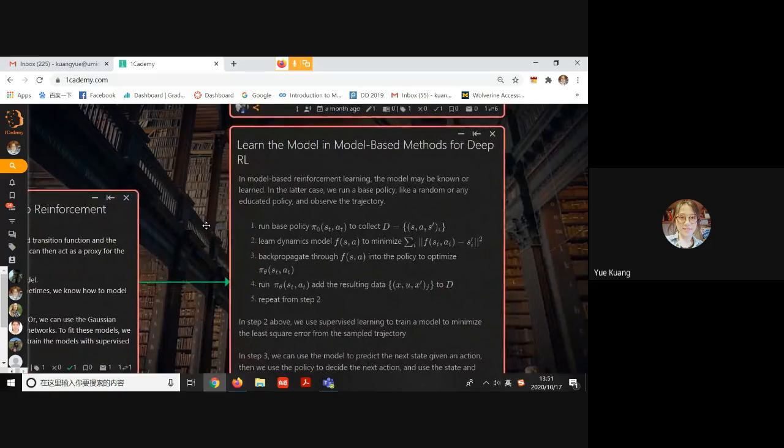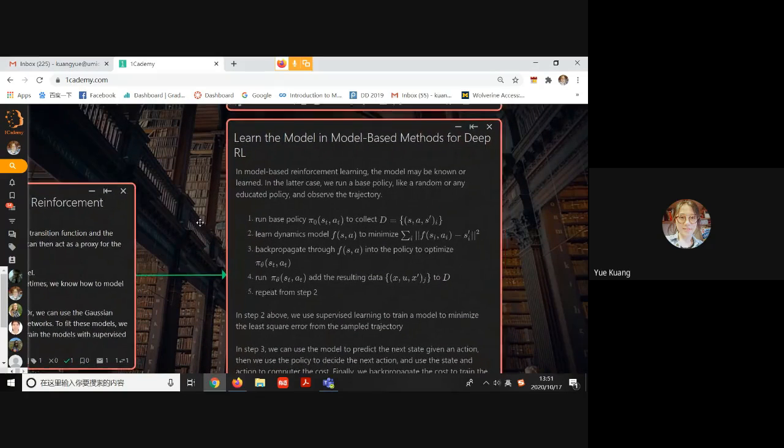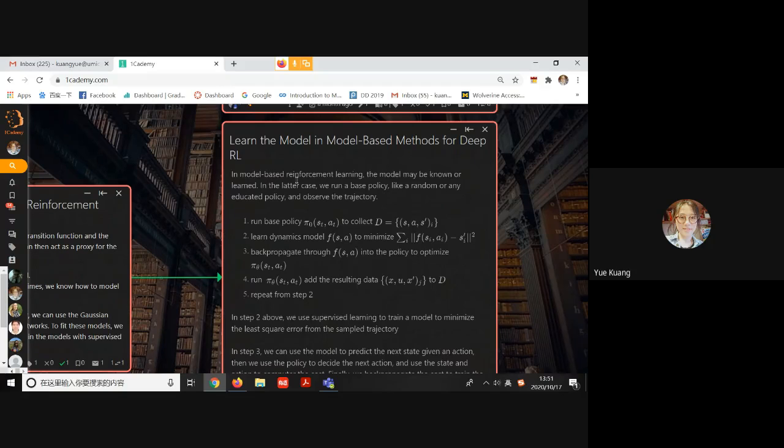Then I will show how we can learn a model. In model-based reinforcement learning, the model may be known or learned. If you want to learn it, here are the steps we can run. In step 1, we run a base policy.